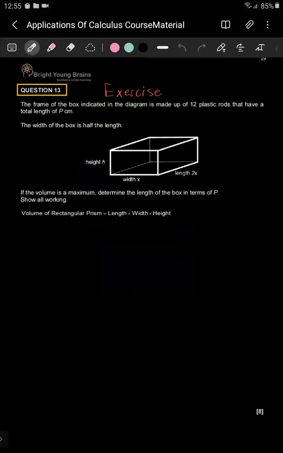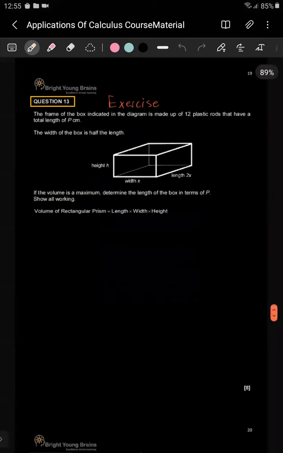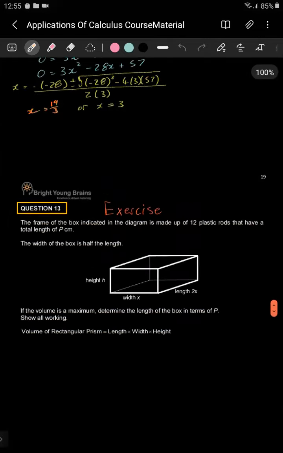So this question is actually an exercise from the applications of calculus course, and we're gonna work on it. It says here, it's an 8-mark question: the frame of the box indicated in the diagram is made up of 12 plastic rods. Okay, so they're referring to these here.